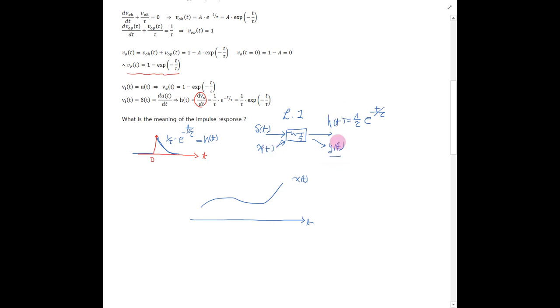So y(t) is related somehow to these three signals: the input signal, the impulse signal and the impulse response. Those three signals are related through the linear system. Okay, we would like to figure out the relationship. The key point is the impulse response. That will explain by itself the meaning of the impulse response.